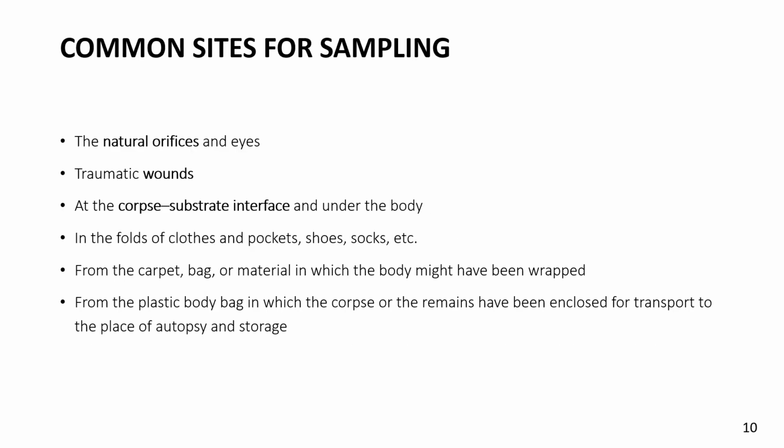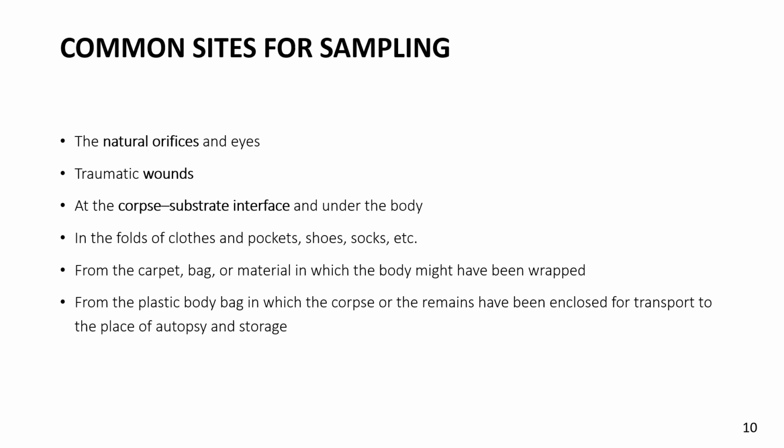So common sites for sampling, as I have discussed in the previous slides, we have known that the insects get attracted towards moisture. This moisture is present on the natural orifices, eyes, and on the traumatic open wounds, at the corpse substrate interface and under the body. I think we can understand the term corpse substrate interface: the place where the body is placed.